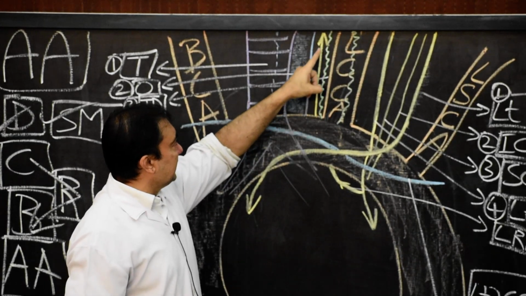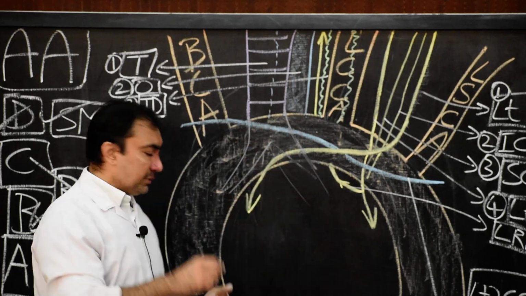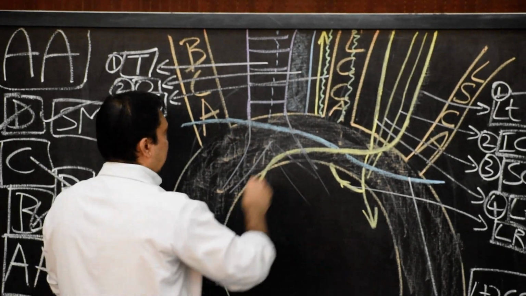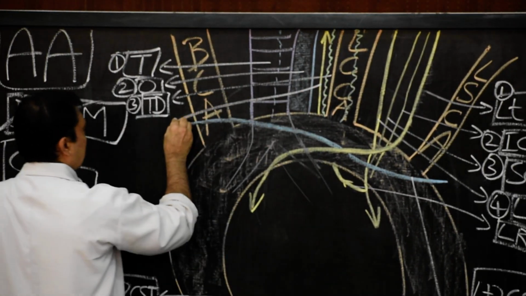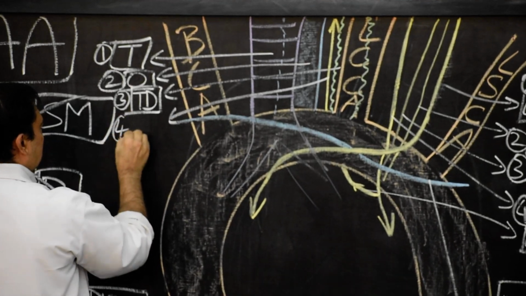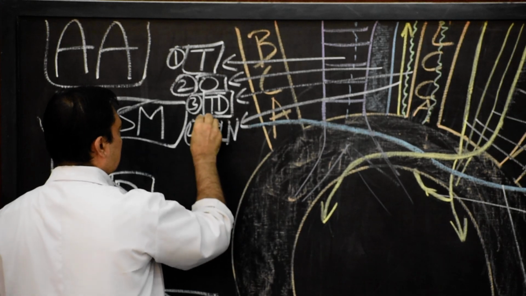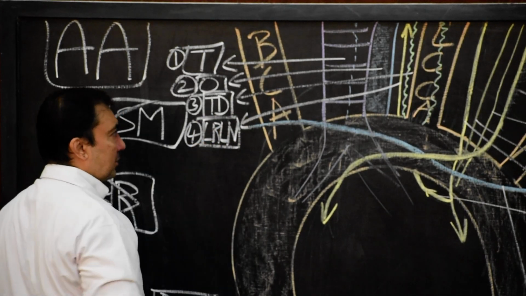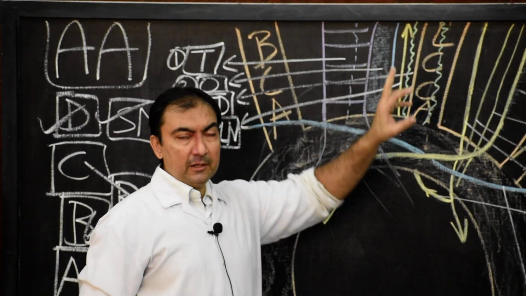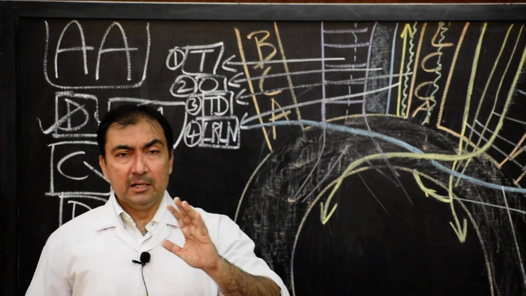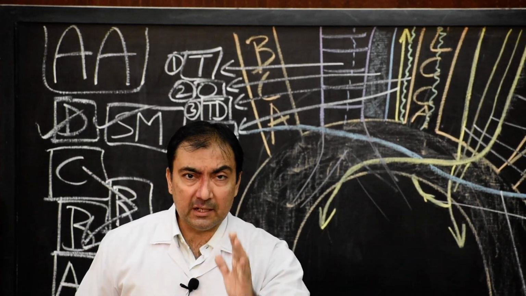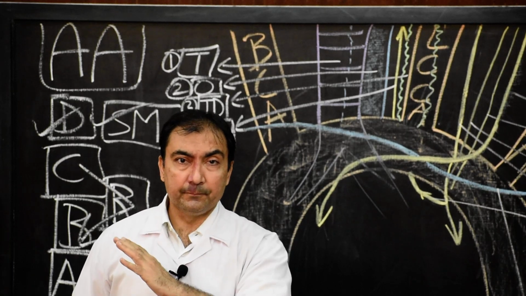It is continuing above. So let us write this as structure number 4, that is the left recurrent laryngeal nerve, which will form a content of the posterior relations of the arch of aorta.